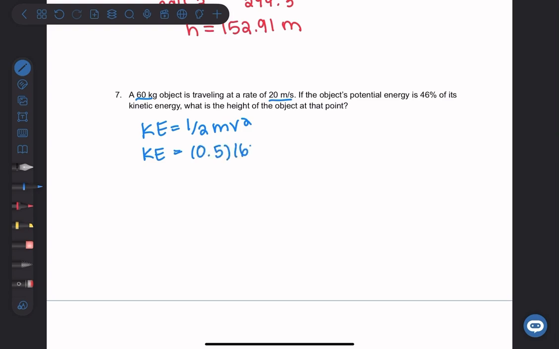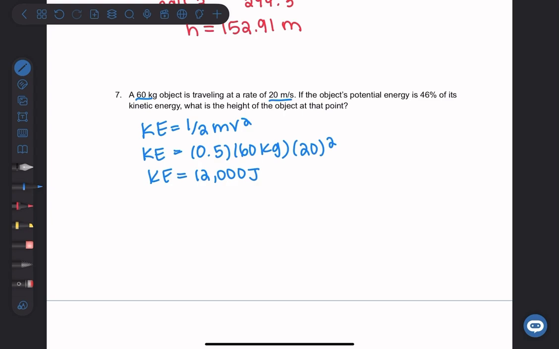The mass is 60 kilograms. The velocity is 20. We have to square that. So we do 60 divided by 2, which is 30, times 20 squared. Your kinetic energy should be about 12,000 joules.